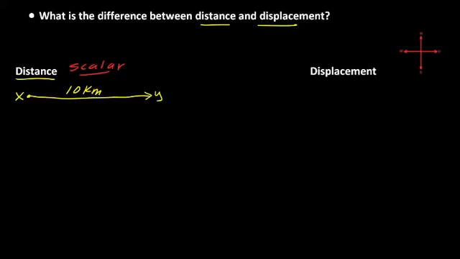Well, let's take a look at another situation. Let's suppose again you started at point X, our origin, and you traveled all the way to point Y. Then you turned around and came halfway back and stopped right there.